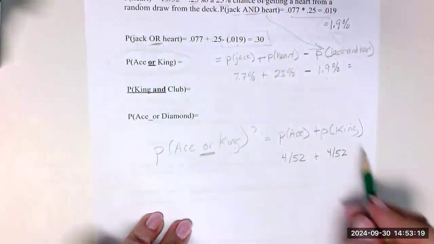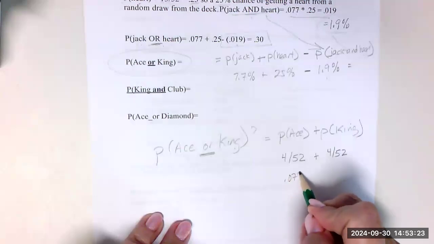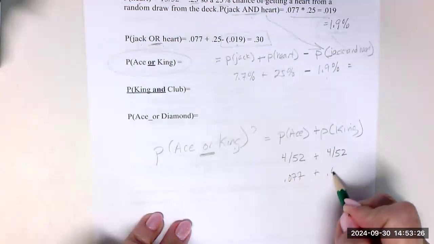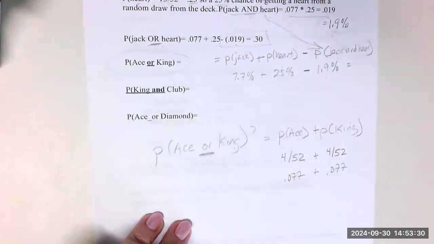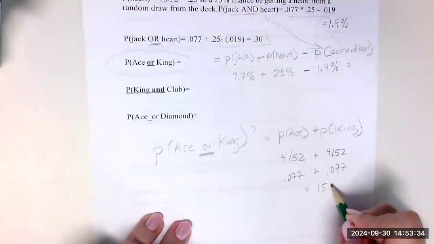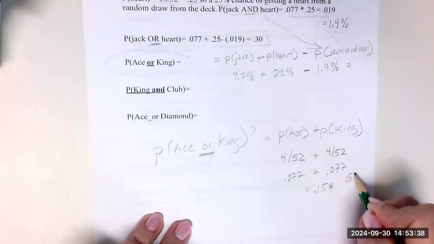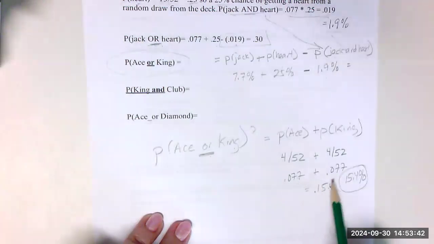If we put that in our calculator, that would be 0.077 plus 0.077. We just add those together. So I think that's 0.154, or about a 15.4% chance, right?